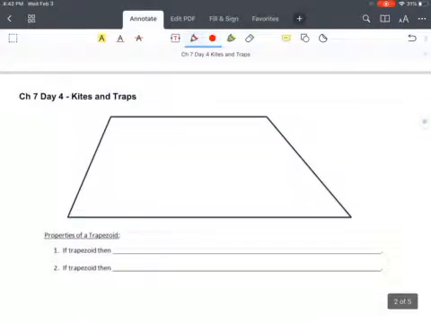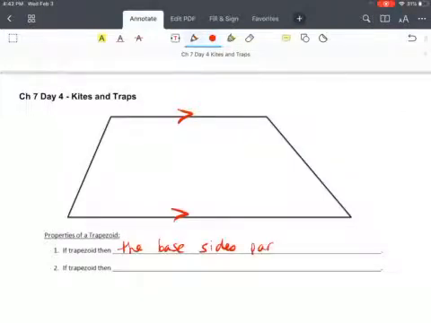First off, when you have a trapezoid, one pair of opposite sides are parallel, which are the bases. So the base sides are parallel.